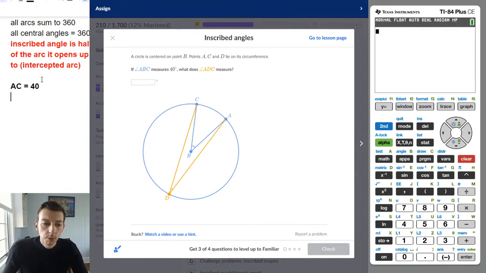If that's equal to 40, then this angle way down here, this angle ADC, this orange angle, because it also opens up to this arc, it's half as much as that. So we know that these angles are half as big as the arc they open up to. So that angle ADC should be half of that arc, 40. So half of 40, which is 20.